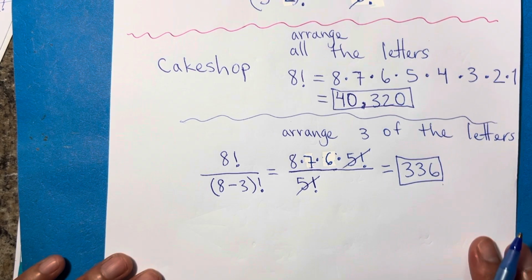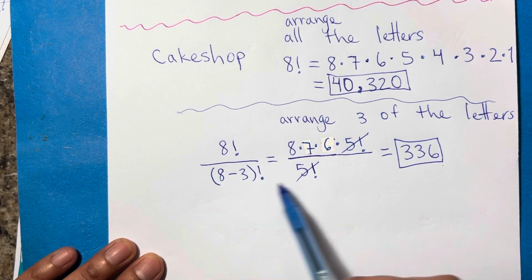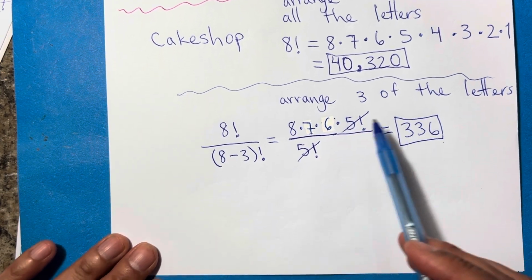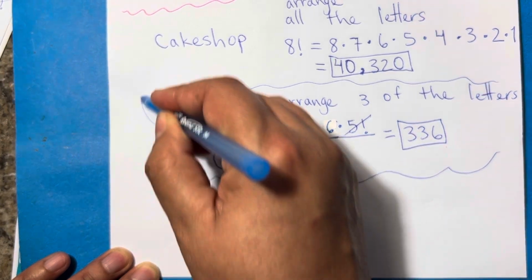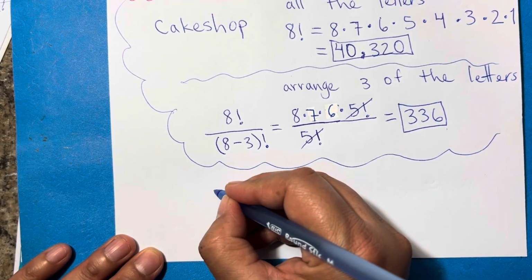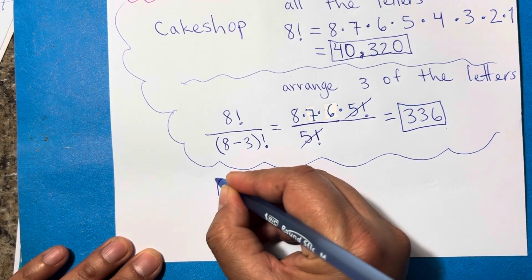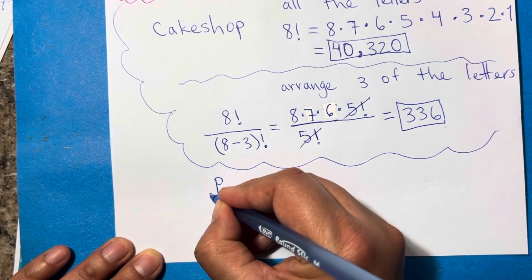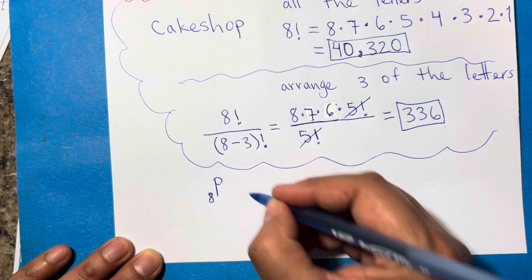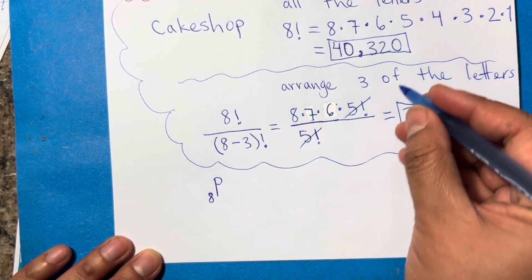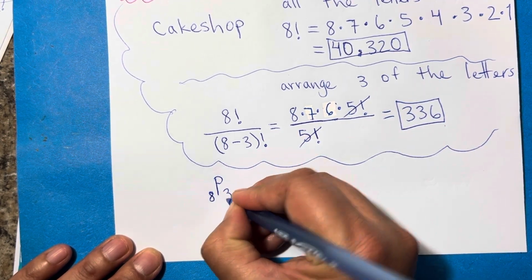Now, just for the notation, when we have something like this where you arrange only a couple, the notation is like this. We're going to put P for the permutation with 8 total items in the word, and then you only care about arranging 3 of them.